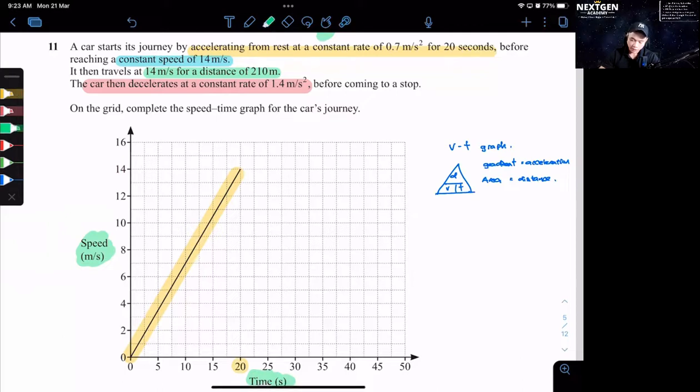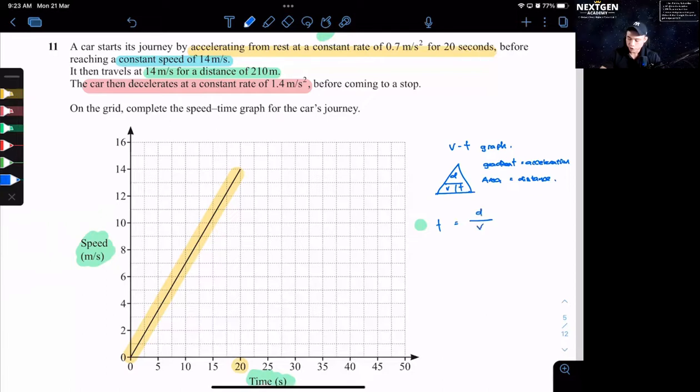Let's look at the second statement, the green color. It then travels at 14 meter per second for a distance of 210 meter. They gave us speed and they gave us distance, so we need to find the time that it travels for this particular distance at this speed. Time is distance over speed.